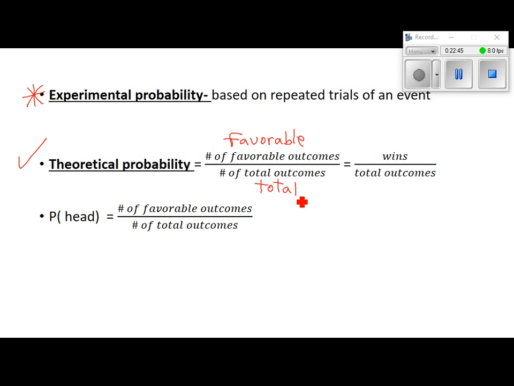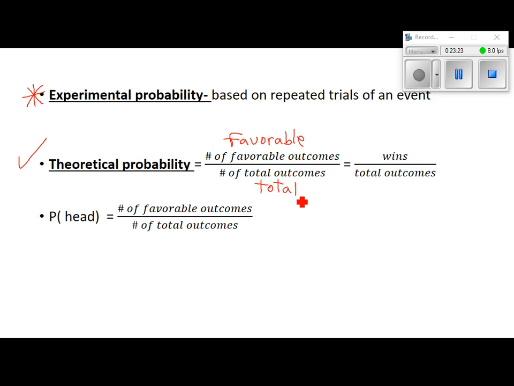Now, favorable is not really a good word because if it says number of people who die in auto accidents on Interstate 70, and we know that last year there was a certain number of them, well, that's not a favorable outcome, really. We don't want people to die on Interstate 70, but that's the outcome that we're looking at. So favorable is not really a great word for this.